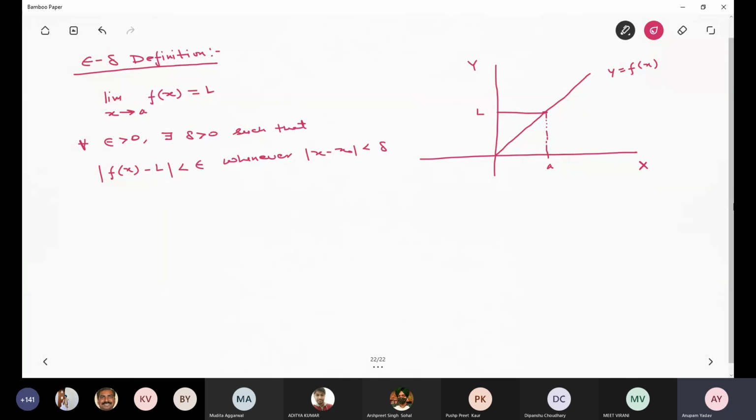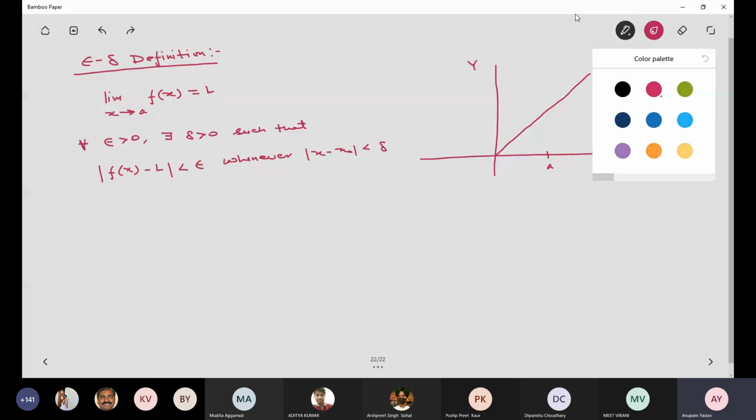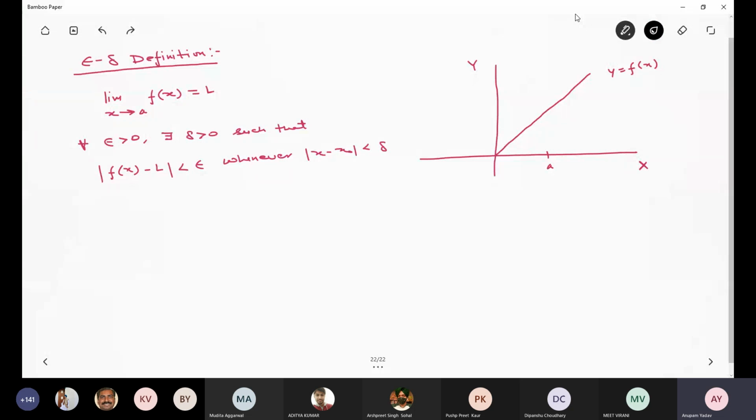Let me just redraw this in a different color. This is the point A. All right, this is the point N. Now what this definition says, listen very carefully, otherwise you will miss it again. It says for every epsilon greater than 0.